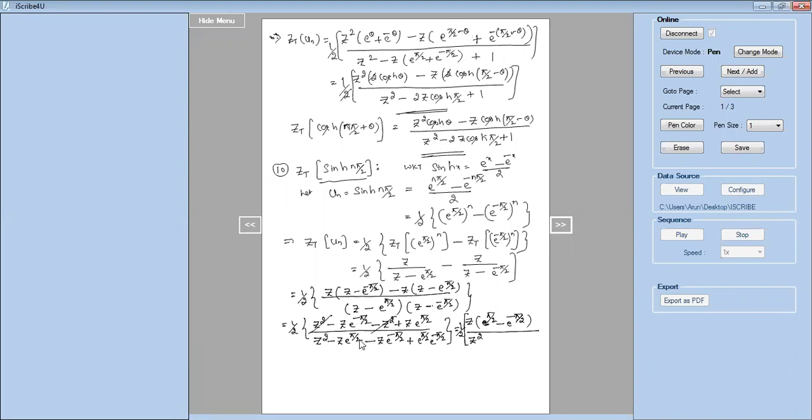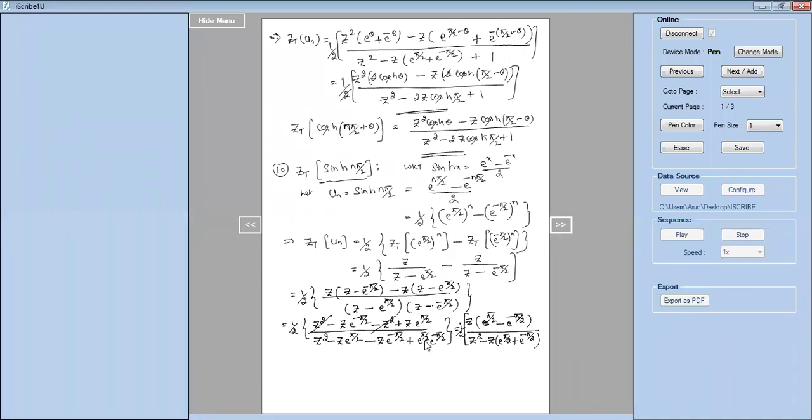See, from this term and from this term, I can take minus z common, correct? So if I take minus z common, it becomes e power pi by 2 plus e power minus pi by 2.